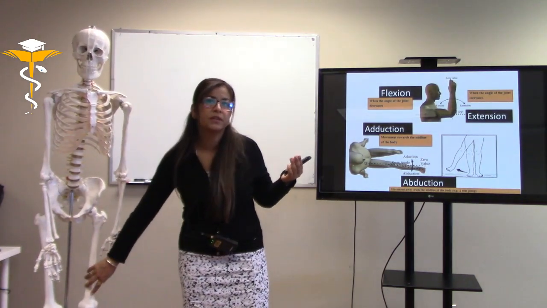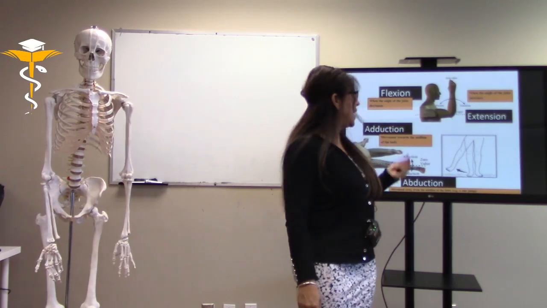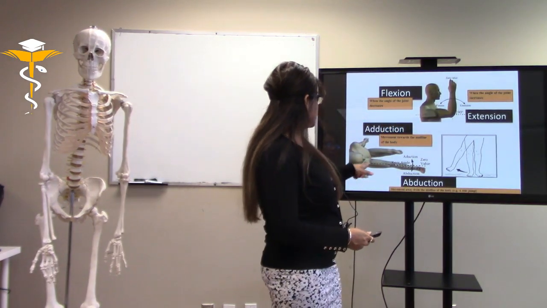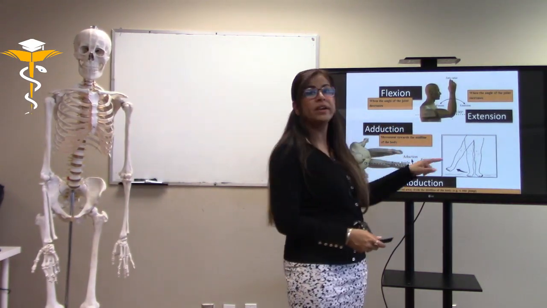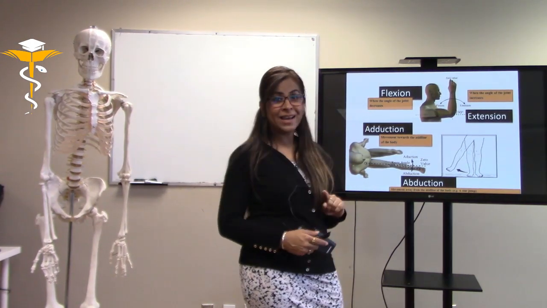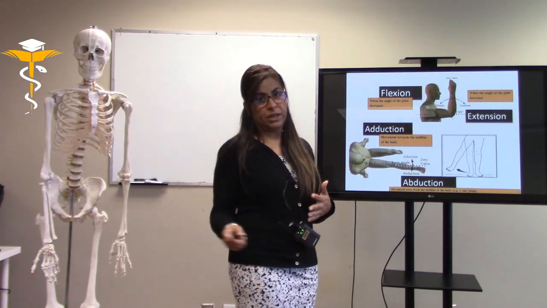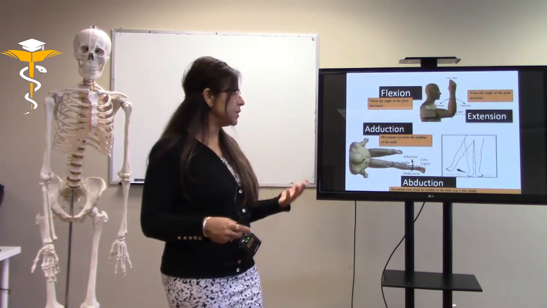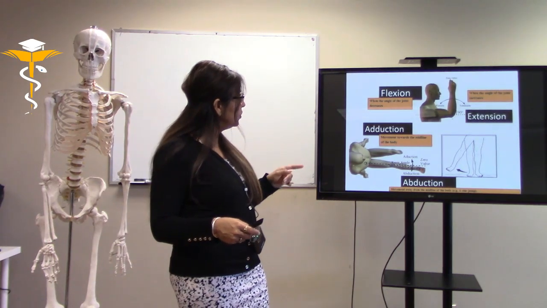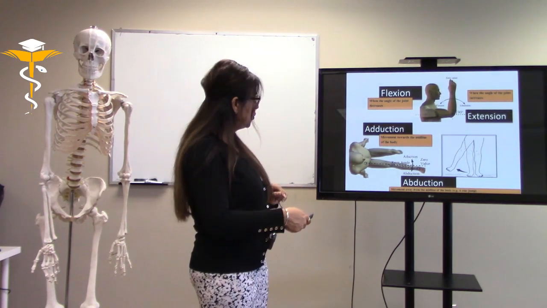When you do some exercises, you go this way. So adduction is movement toward the midline of the body. The movement away from the midline of the body is abduction. So these are the different movements allowed by the joints.